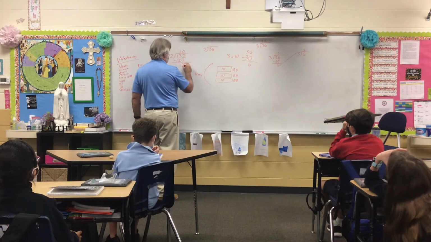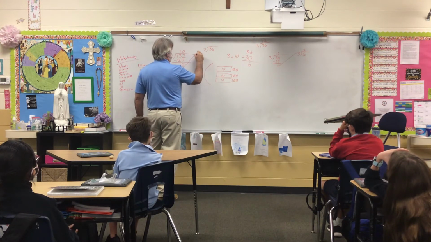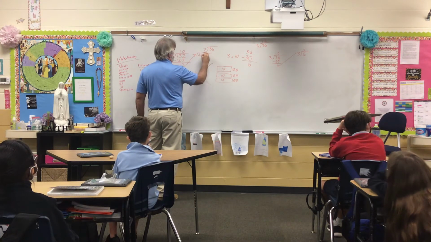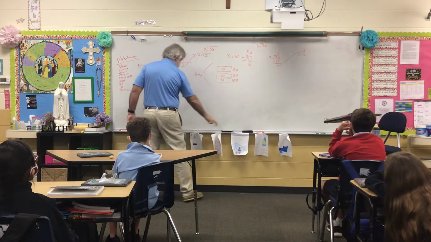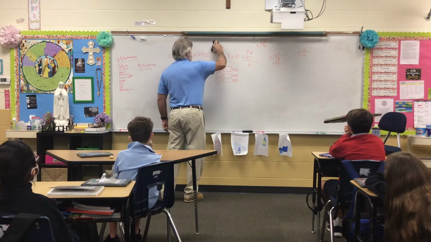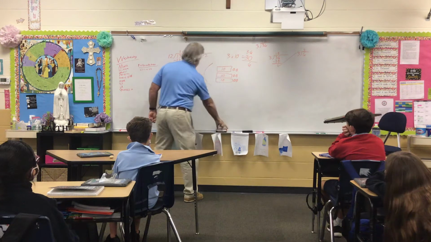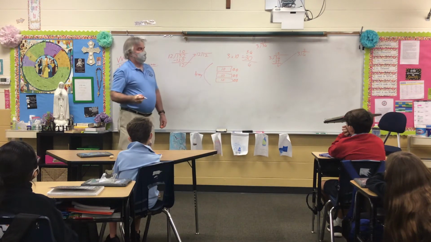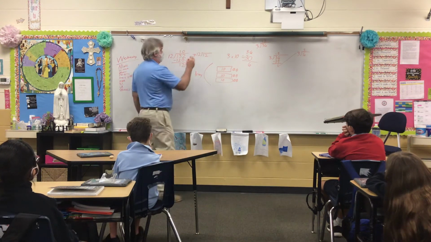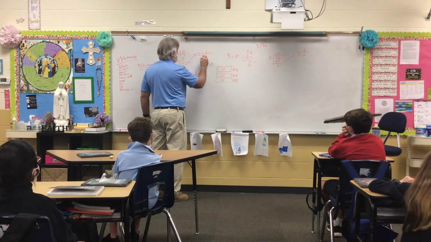Now, I'm going to bring this 12 over here, and I'm going to divide 12 by 12. I'm going to erase this other stuff to get it out of our way. 12 goes into 12 1 time. 1 times 12 is 12, subtract, you get 0.